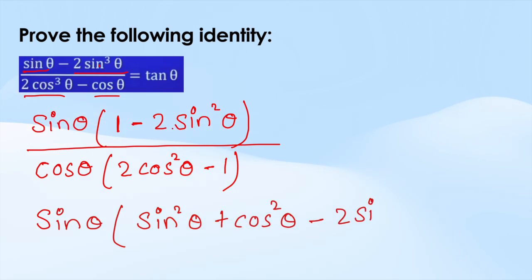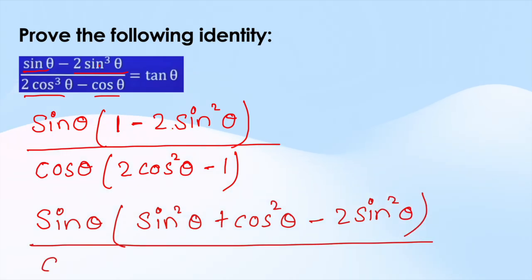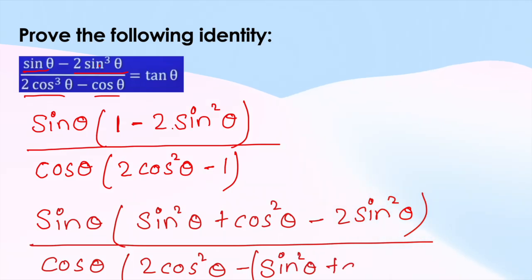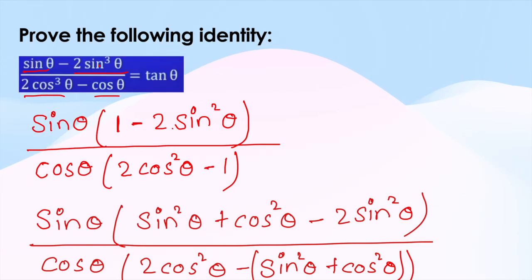Minus 2 sine square theta. Any doubt? In the base, I can write cos theta and 2 cos square theta minus sine square theta plus cos square theta. Any doubt to anyone in this? I just substituted the value of 1 as sine square theta plus cos square theta.